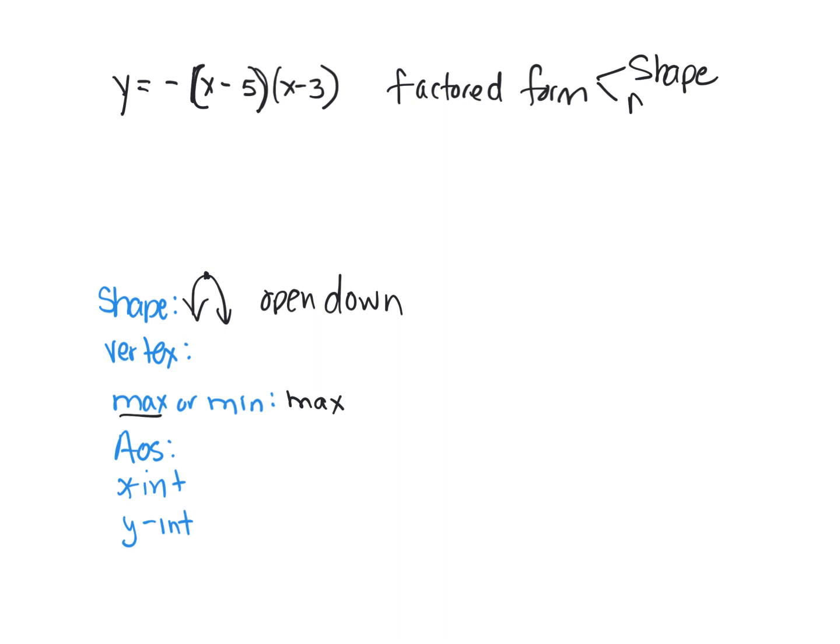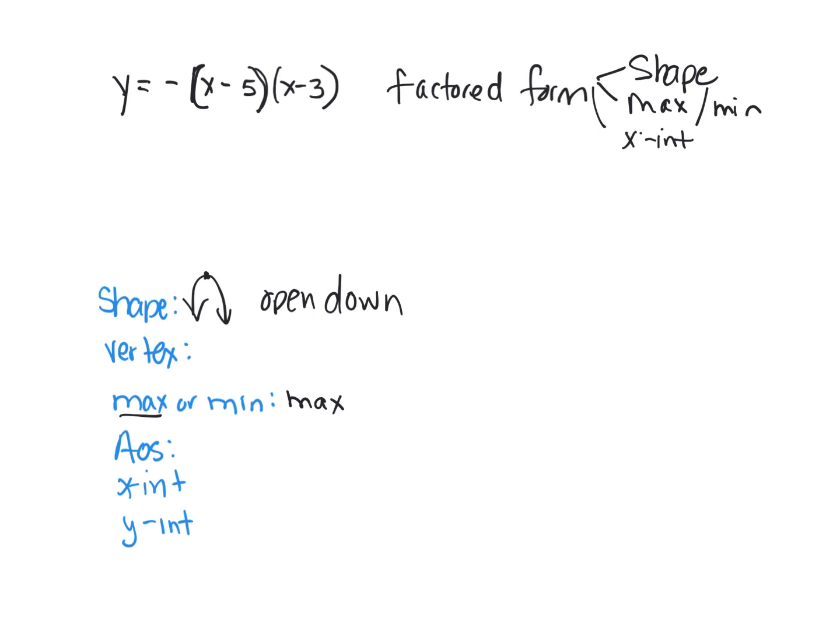So once I have the shape, whether it's from factored form or from standard form, I can determine whether it's going to be a maximum or min value. That is going to help us as we start into application problems. Next thing is that from this, I'm going to be able to look at my x-intercepts.